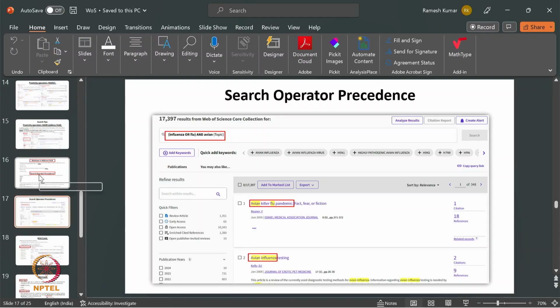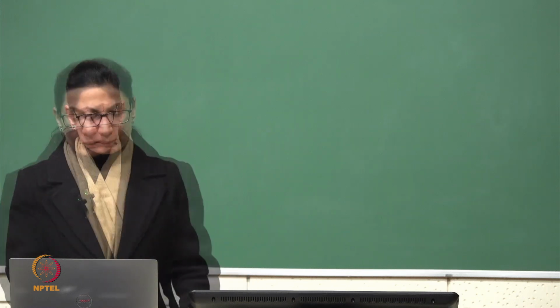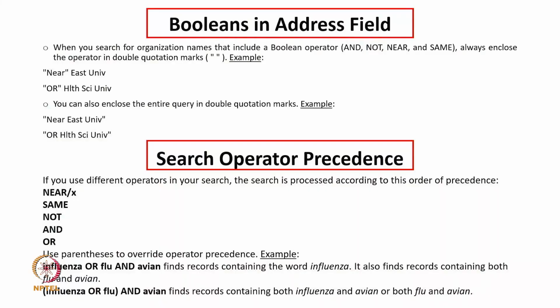One thing I want to add is that in Boolean search there is an order of precedence. Okay, if we put brackets then this operator precedence can be overridden. The order of operator precedence is as follows: near, followed by same, then not, and, or.